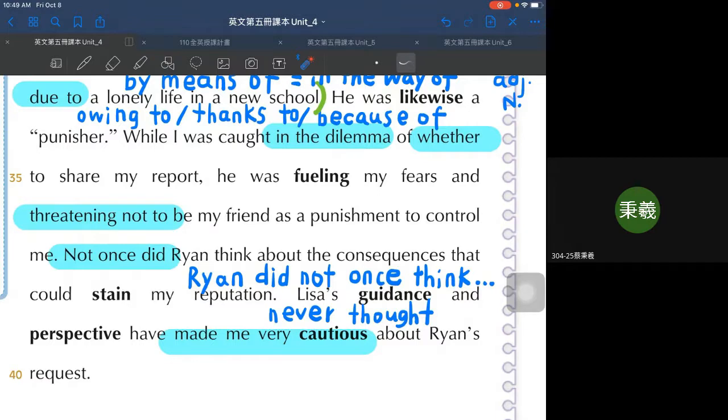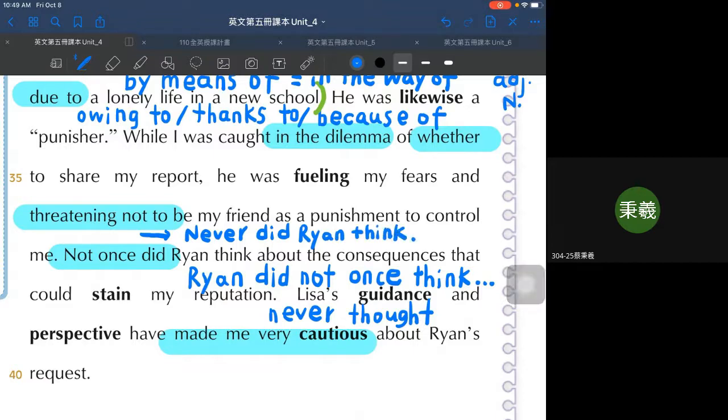You can also say never did Ryan think about. So probably you can write down here, not once, which means never, right? So you can say never did Ryan, and since we had did here, you just put the word think here, right?